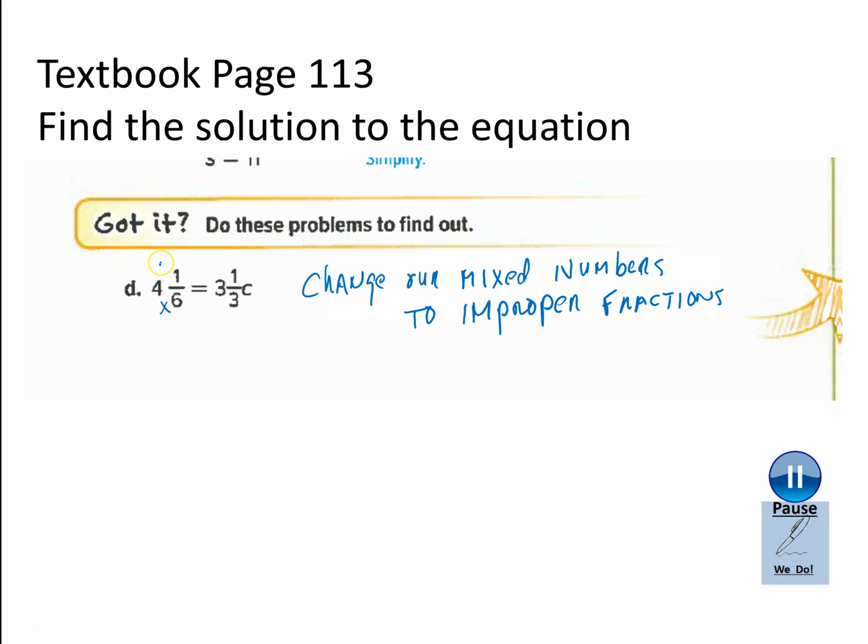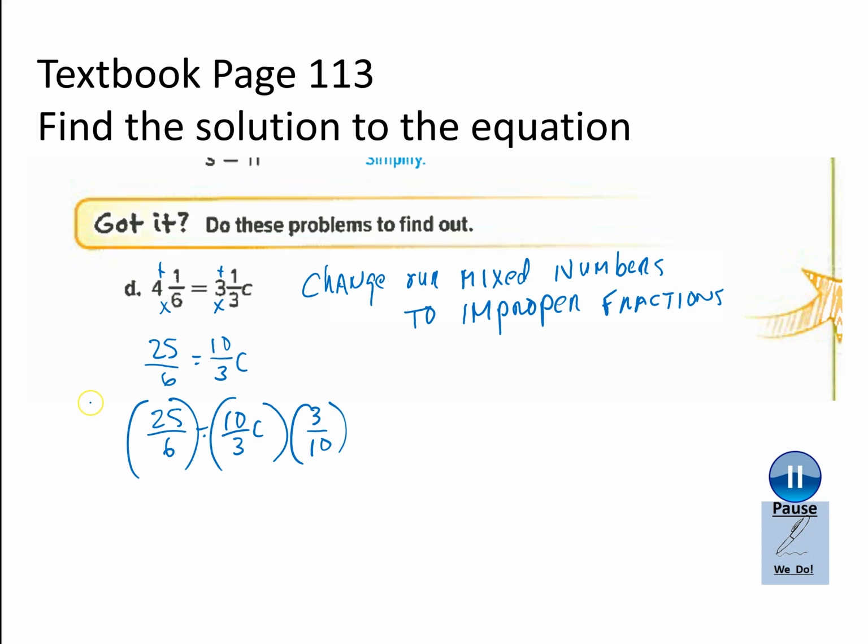This was 6 times 4 plus 1, which was 25 sixths, equals 3 times 3 is 9 plus 1 is 10. 10 thirds times C. Then we're going to multiply by the multiplicative inverse, so we can get C by itself, which will give us 3 tenths. So this and this cancel out. I have C by itself.